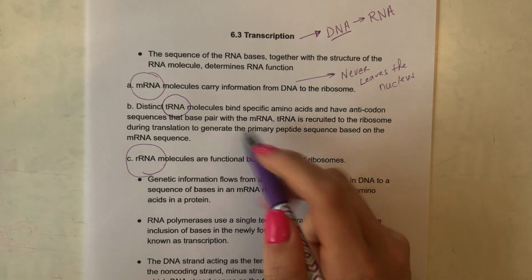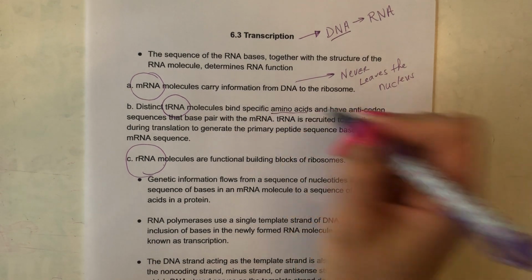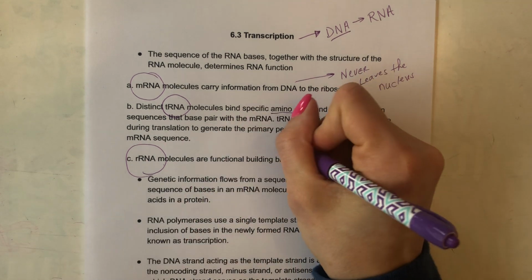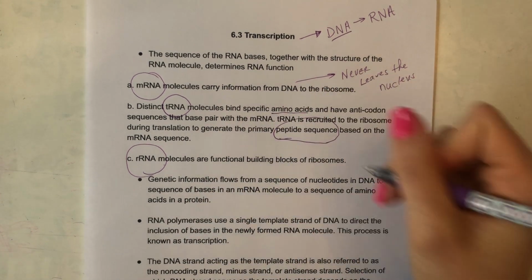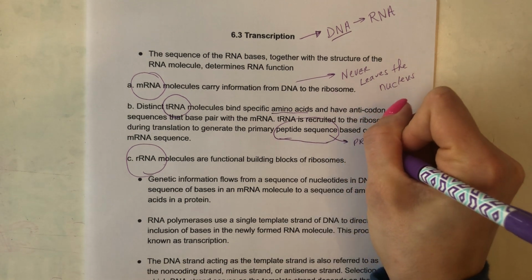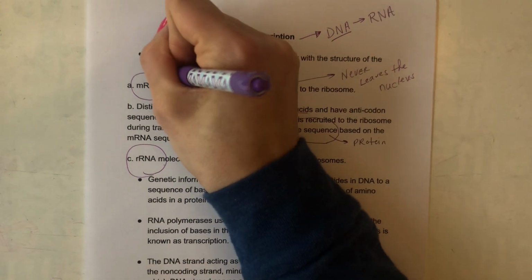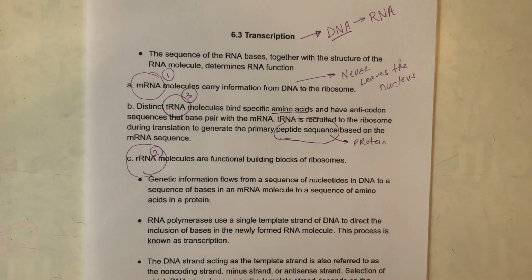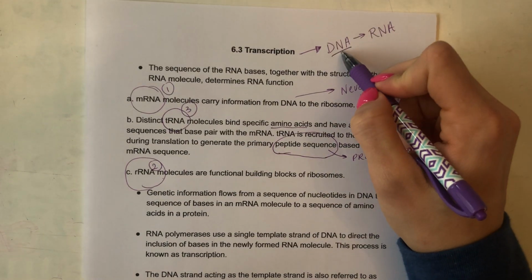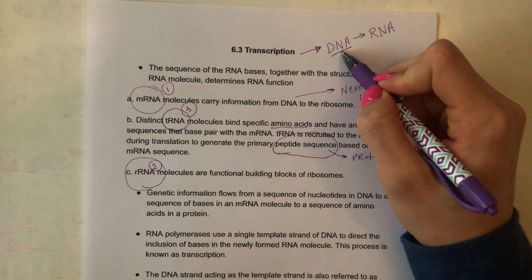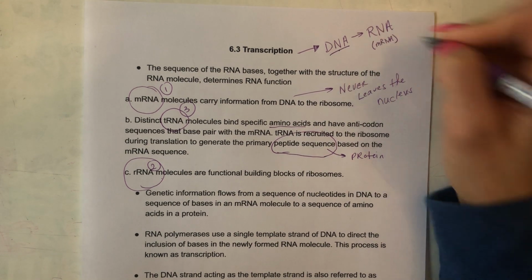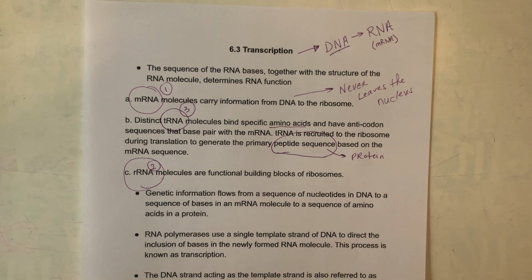These molecules carry the amino acids, which then build together to make your protein or your peptide sequence. Okay, this is your protein. So these three are what we're going to focus on for transcription. Again, transcription is just taking your DNA sequence, modifying it a tiny bit to get your RNA, which specifically is your mRNA or your messenger RNA.